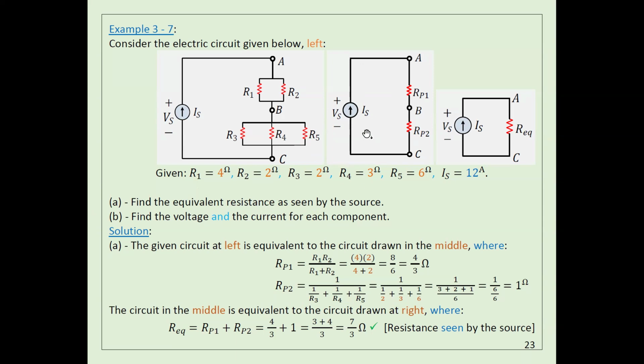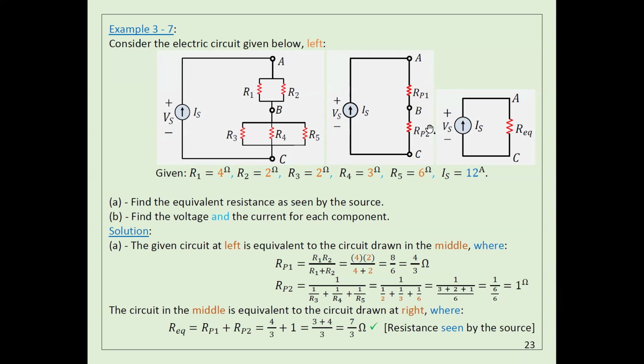So for the first one, I want to find the total resistance. This is the equivalent resistance for this part. What do we mean by equivalent resistance? It means when I put this resistance in, nothing will change in the circuit. It's the same current that will flow, and the voltage here will be the same as the voltage here. Anyway, you can see these two resistors are in parallel. These three are in parallel.